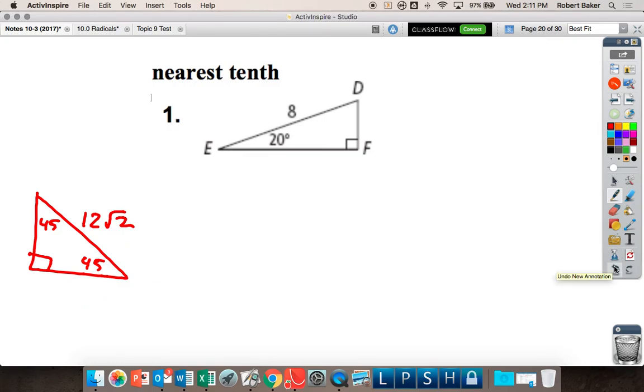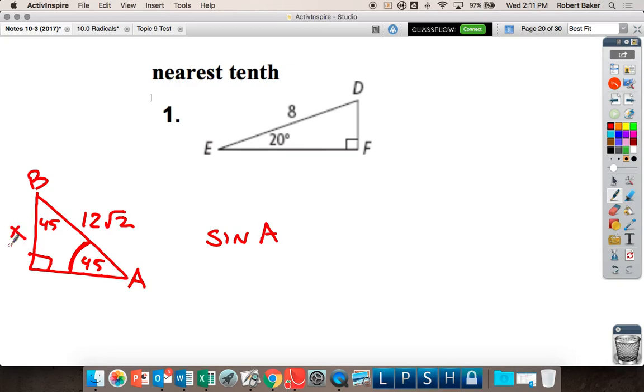Here's how this works. What if I asked you guys to do the sine of A? Here's your angle right here. What is opposite of angle A? A blank. What do you call blanks in math?